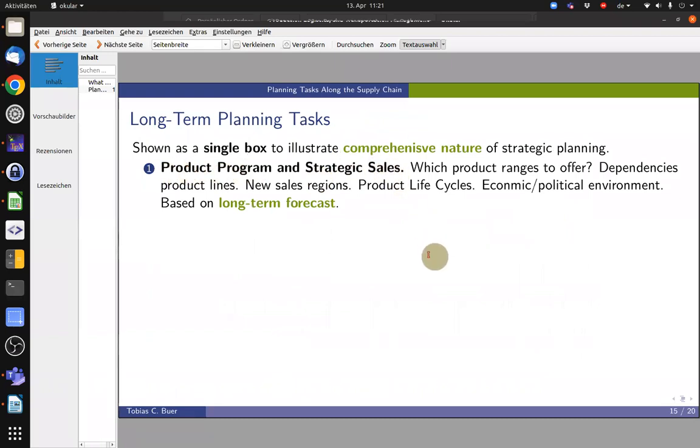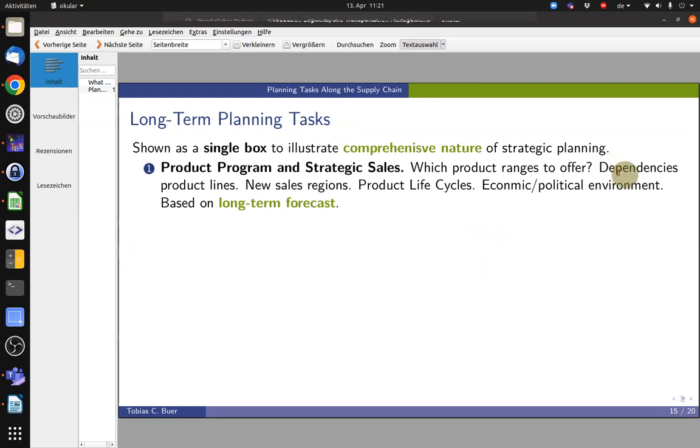And here we decide what is the product range we will offer for the car manufacturer. So for example, should we offer mid-range cars? Should we offer SUV, four-wheel drive cars? Should we offer electric vehicles? It's not about the individual specific vehicle and the features of this vehicle, it's about the big product ranges.